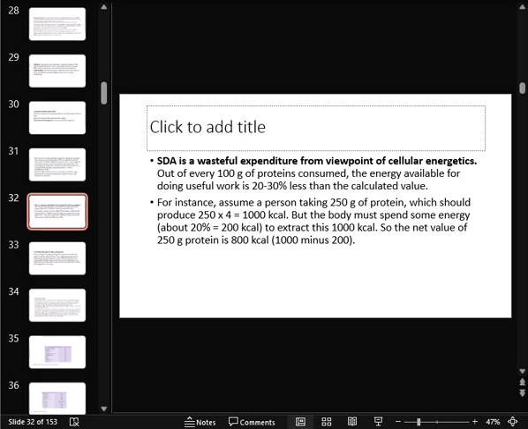For example, you consume 100 grams of protein. The energy available for doing useful work on this, as we said before, for proteins is between 20 to 30%. Calculating this can be done as follows.